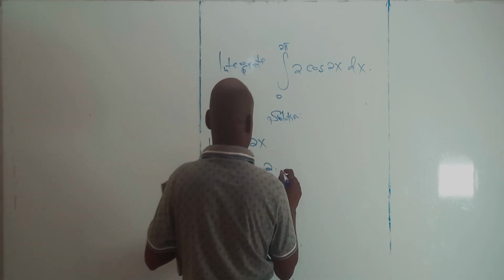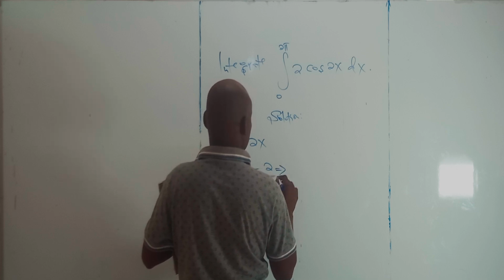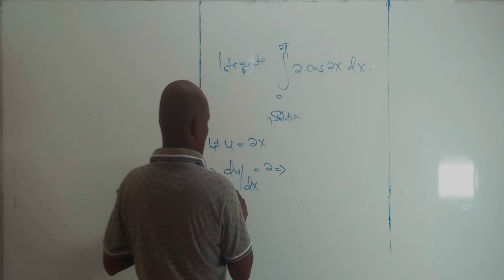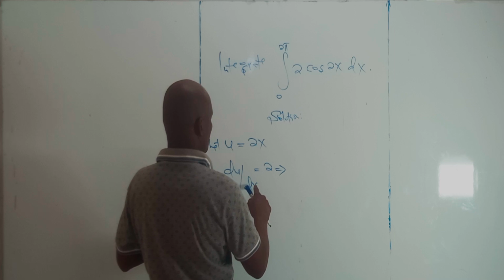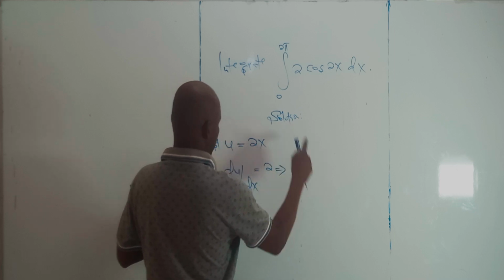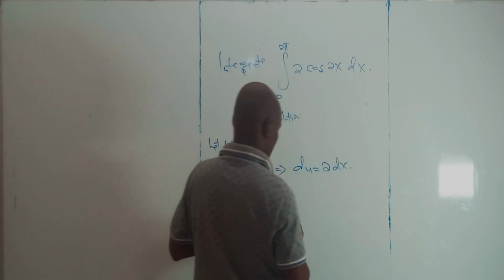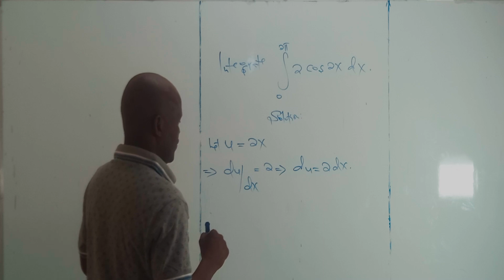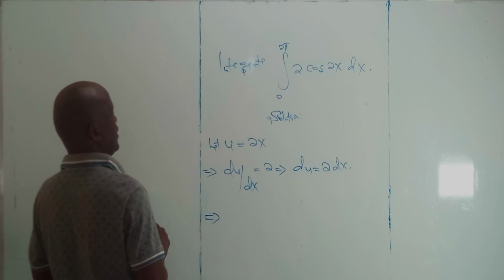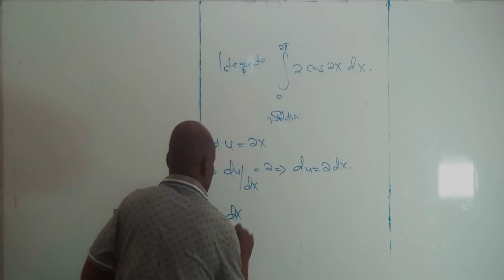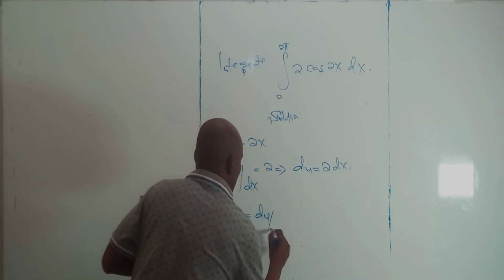And we can write this as du is equal to 2 dx. So we can as well say that du is equal to 2 of dx. What that means again is that dx is equal to du over 2.